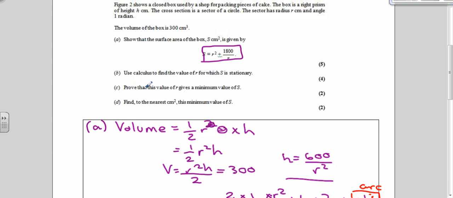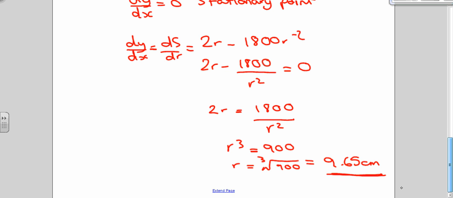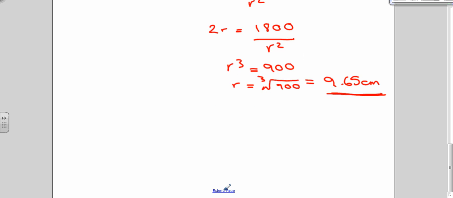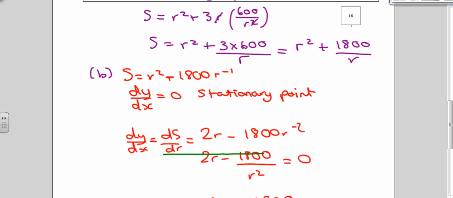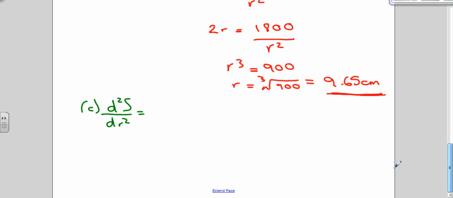So for C, we need to prove that the value of r gives a minimum value of S. So we'll start off by doing the second differential. So for C, we'll do d squared S by dr squared. Of course, we're doing that on what we found here. So of course that first r will disappear to give us just 2. Then we'll have plus 3600 r to the minus 3.